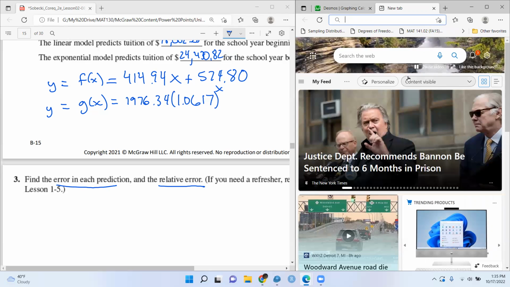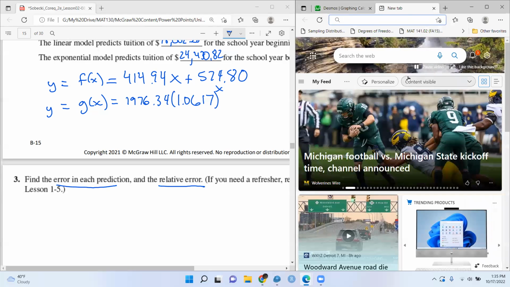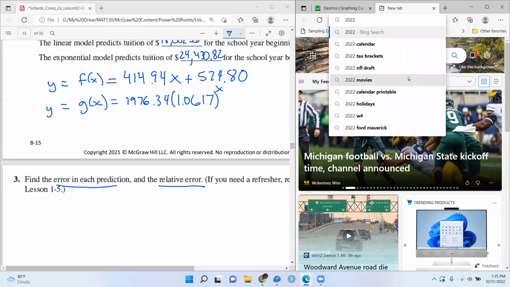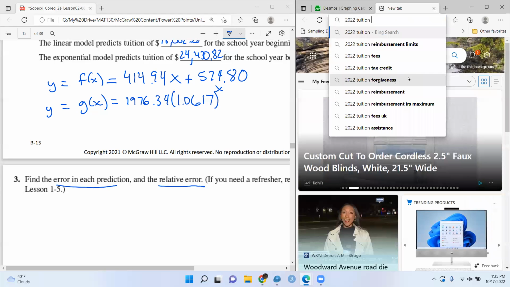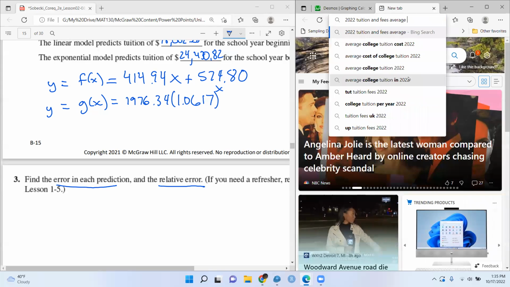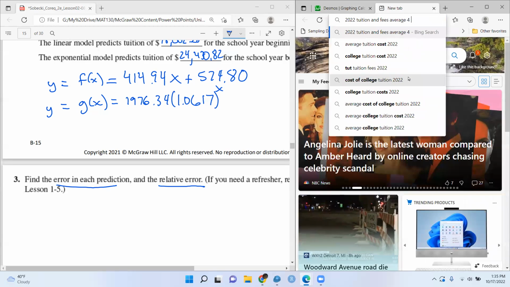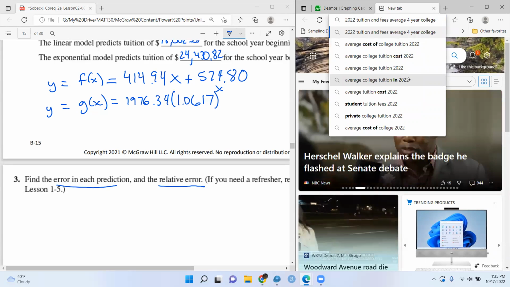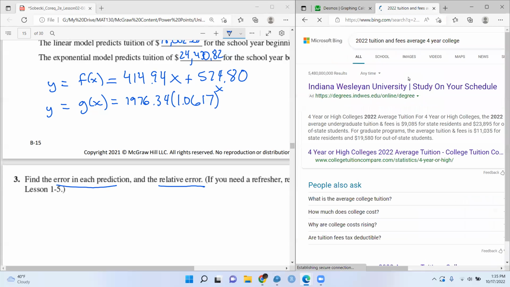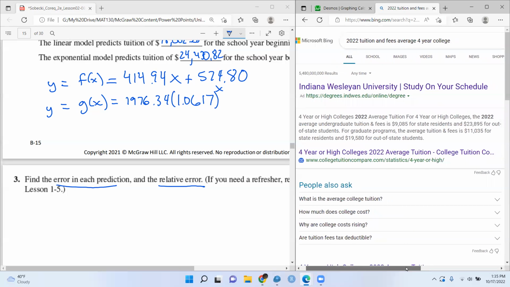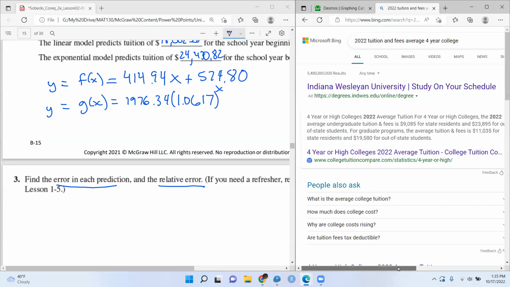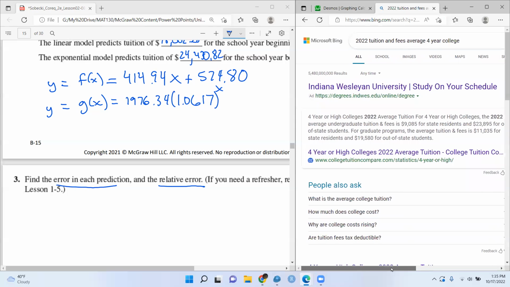Let's see. So let's Google 2022 tuition and fees average 4-year college. Okay, here we go. Here it is.